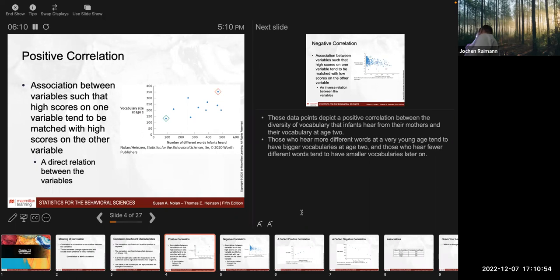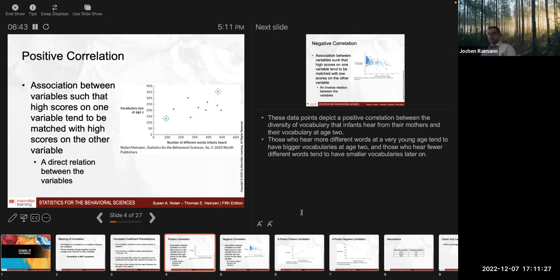So here's the example. You have vocabulary size at age 2, and the second variable, the independent variable that predicts or associates with the dependent variable, is the number of different words an infant heard. On the causal level, that may imply, but does not necessarily 100% apply, because correlation doesn't equal causality, that if you talk to your toddler, he or she will have at age 2 a better vocabulary.